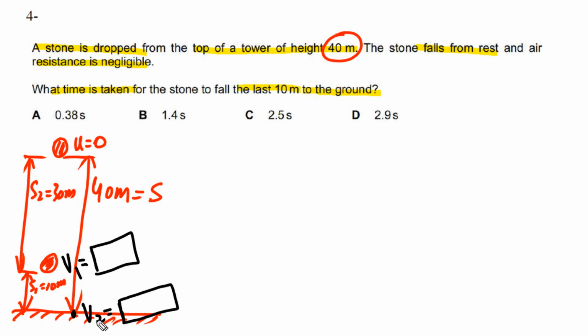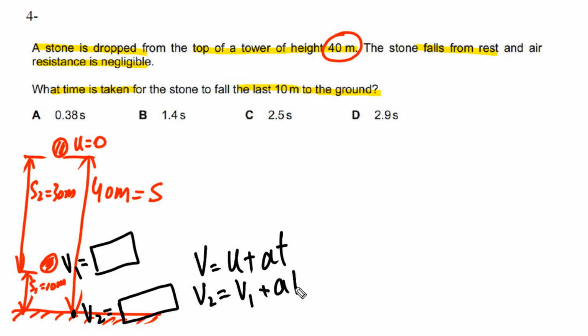If I have v1 and v2, then we can use the formula v is equal to u plus at. In this case v will be equal to v2 and u will be equal to v1, and then there are a and t.